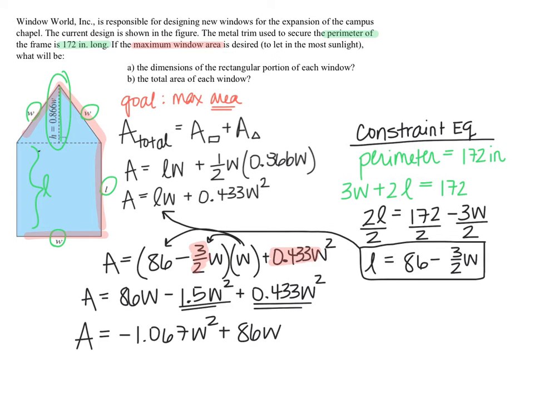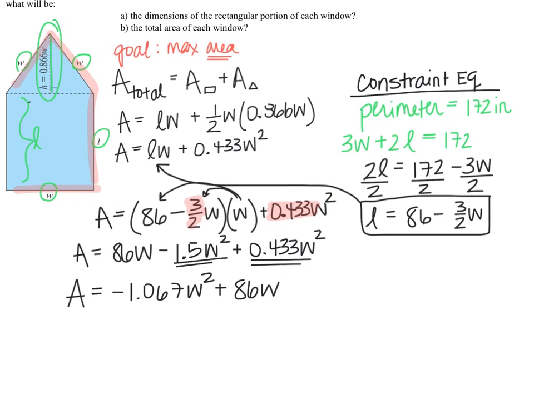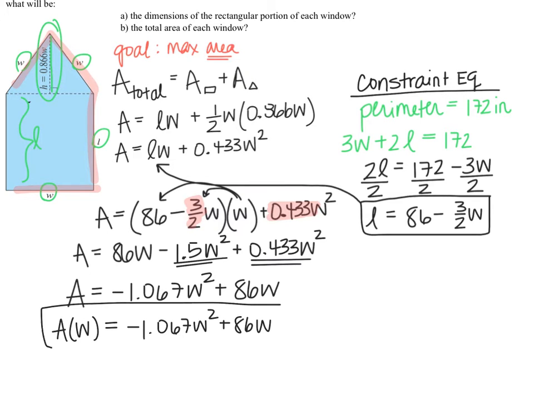I'm going to actually go one step further, and I'm going to write this in function notation using area as a function of width, so that's A of W. And this is what we would call our mathematical model. We just created an area model, and this area model relates the width of the window to the area.